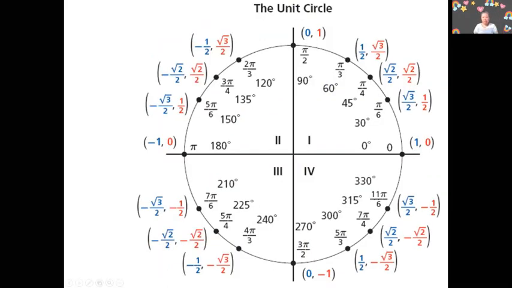The next slide comes with the comprehensive knowledge so far. It lists the quadrant angles, 0 or 2 pi, pi over 2, pi, and 3 pi over 2, right? You need to know the radian measures and degree measures.